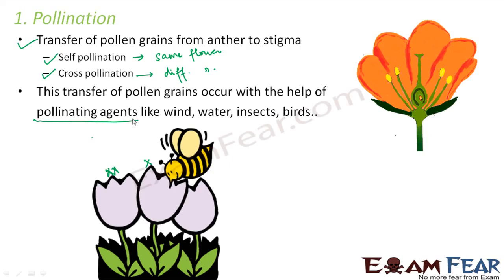Why do flowers want to attract insects? Because if insects come to the flowers, they will carry the pollen grains from anther to stigma, and therefore help in pollination. The colorful petals of a flower attract insects. Insects come there and act as pollinating agents. So this is the first step for sexual reproduction, that is pollination.